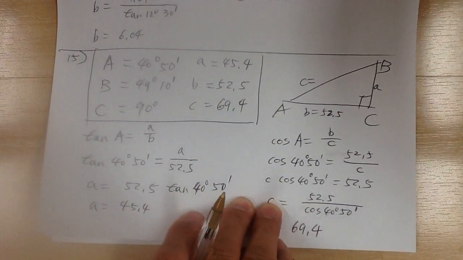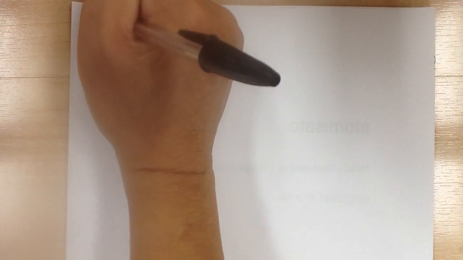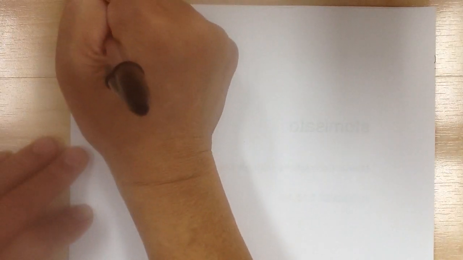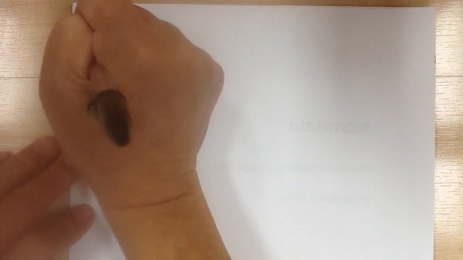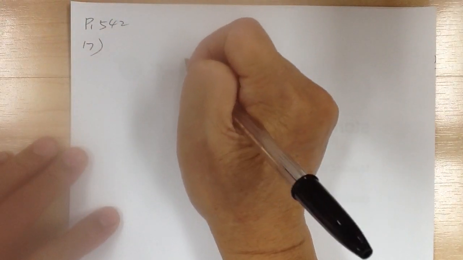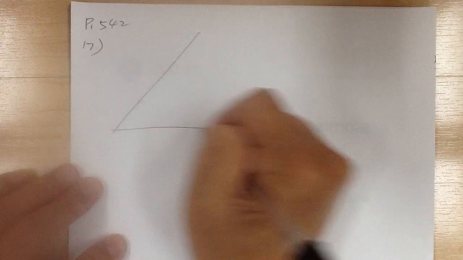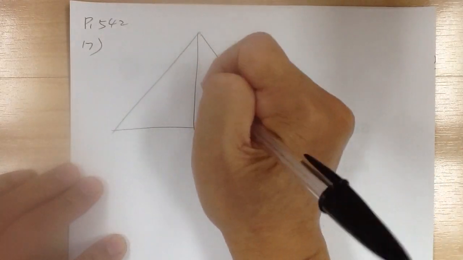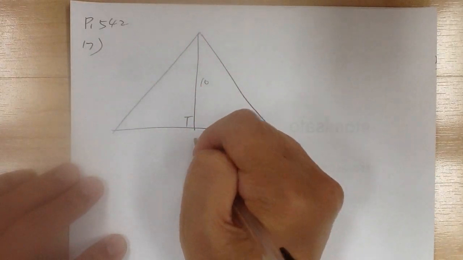Okay, let's go to number 17. Okay, number 17. So you have this triangle over here. So this is 10 and this is 16.